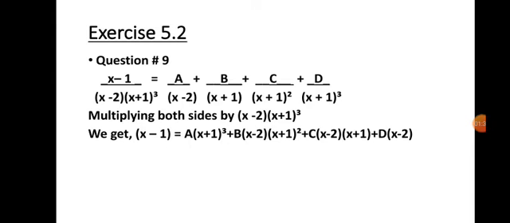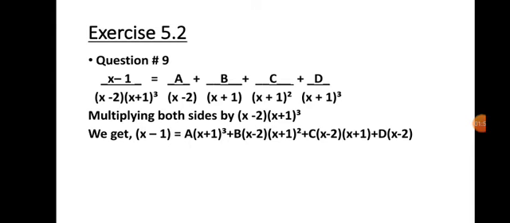X minus 2 is a linear factor and a single factor, so it has only one partial fraction. So we make the partial fractions: A over x minus 2 plus B over x plus 1, C over (x plus 1) whole square plus D over (x plus 1) whole cube.